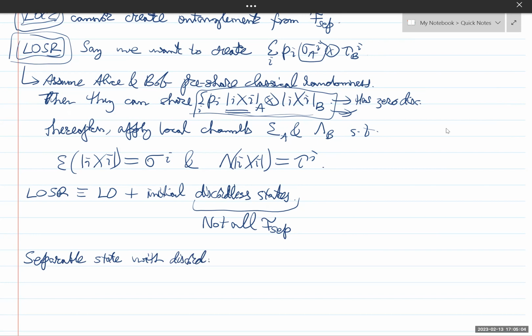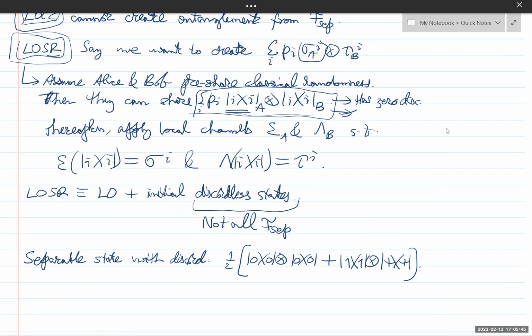Sure. So here's an example of a separable state with discord. Say a half and half mixture of |00><00| plus |++><++|, and maybe something like |11> to make it non-trivial, and |++>. I'm pretty sure this would have discord in it, even though it has no entanglement.